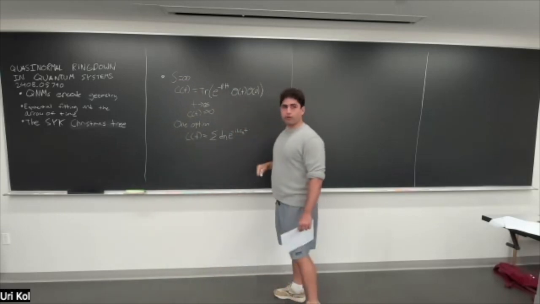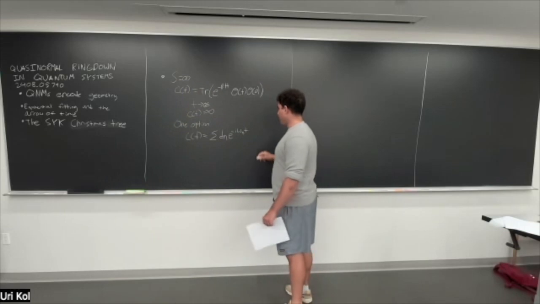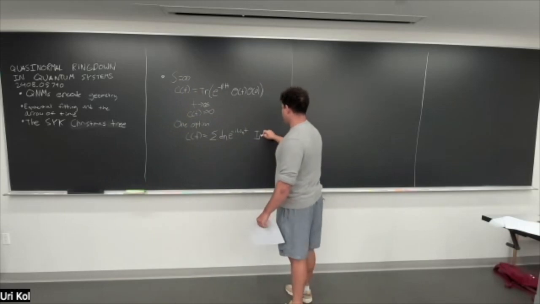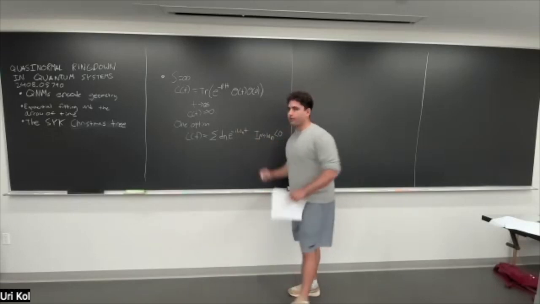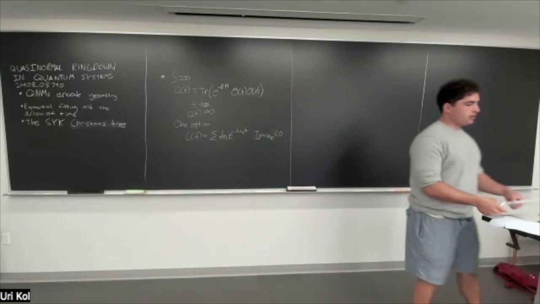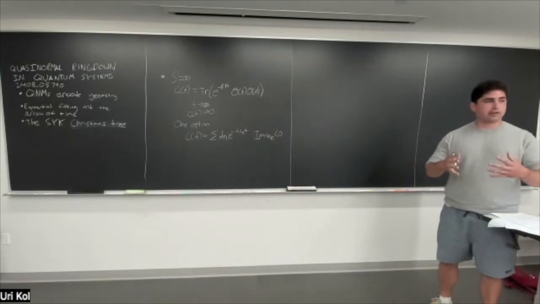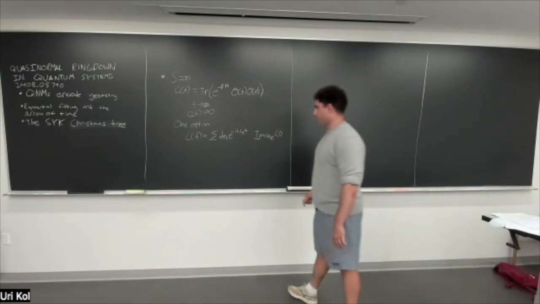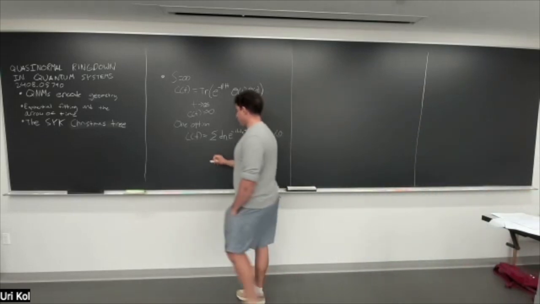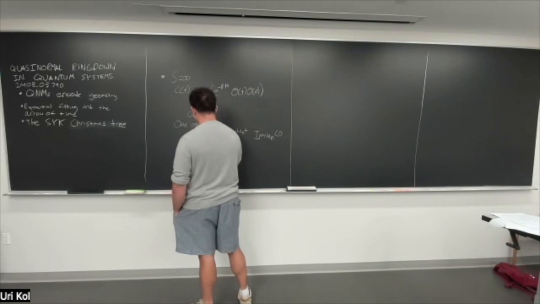Now we want it to go to 0 at late times. So what this says is that the imaginary part of omega n is less than 0. So these are complex frequencies, and the system eventually rings down into thermal equilibrium. So I'll call this ring down behavior.